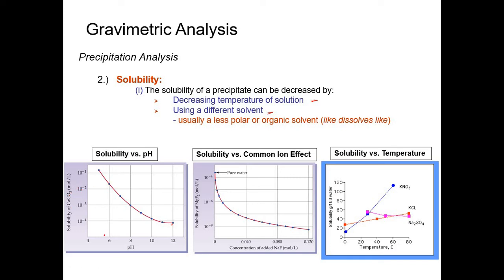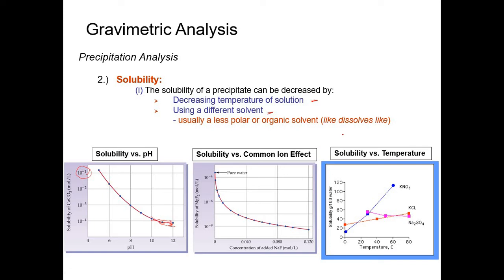Okay, because its solubility decreases at pH 10 to 12, somewhere here, right? It has the lowest solubility, so it's best to precipitate. If you want to precipitate calcium carbonate, it's best to precipitate it at this pH. Okay, if the pH is acidic, like around pH 5, its solubility is large. So if its solubility is large, you won't form calcium carbonate precipitate. Most likely, the calcium carbonate will dissolve.